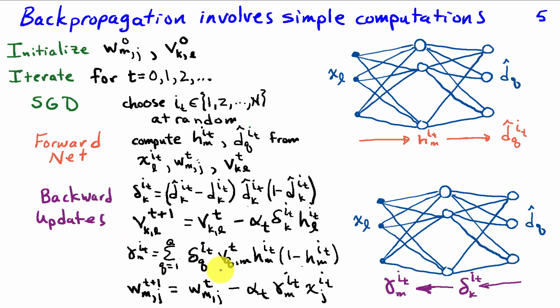As I've indicated here, it's just a sum q equals 1 to capital Q of delta q i_t, the weights at the output layer at time t, times the output of the hidden layer times 1 minus that corresponding output. And that leads us to update the weights at the input layer, where the next weight is equal to the previous weight minus a step size times this gamma factor times the input associated with that particular weight.